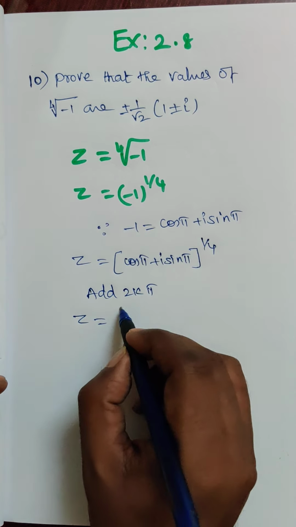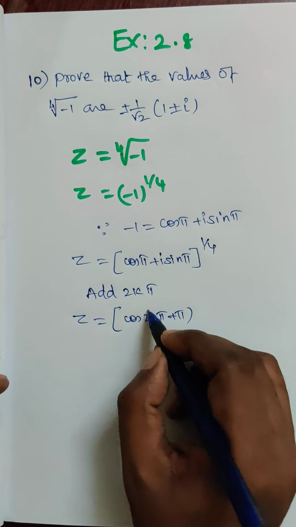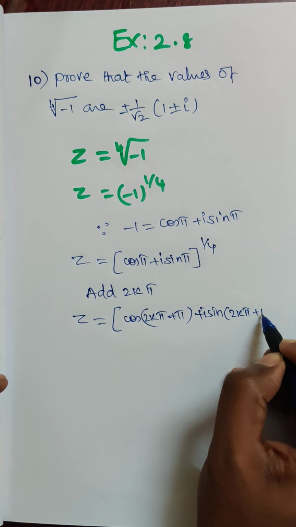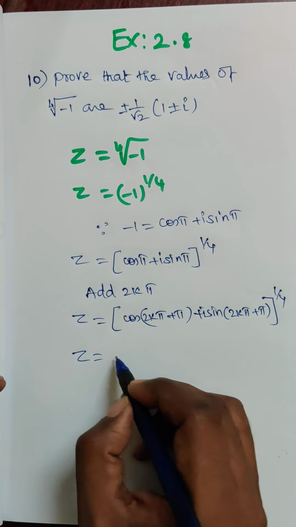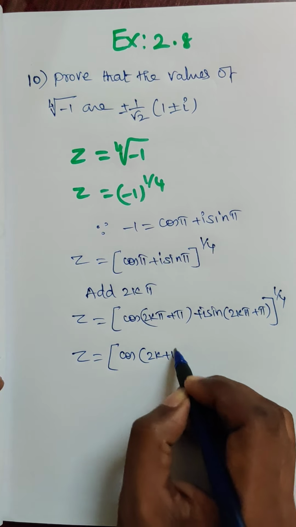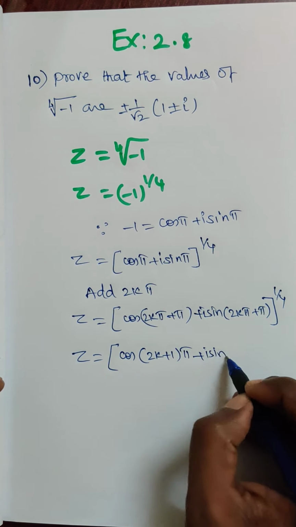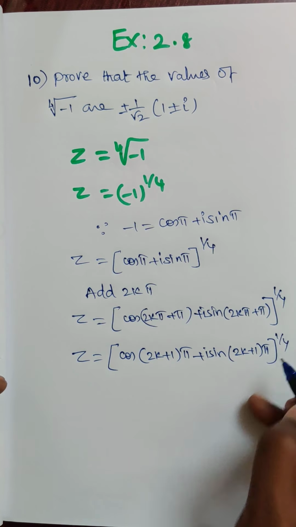So z equal to cos 2k pi plus pi plus i sin 2k pi plus pi the whole power 1 by 4. So z equal to cos 2k plus 1 into pi, taking pi outside, plus i sin 2k plus 1 into pi, the whole power 1 by 4.